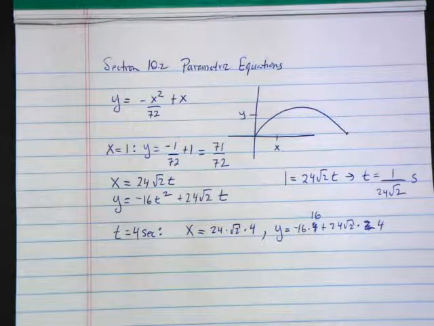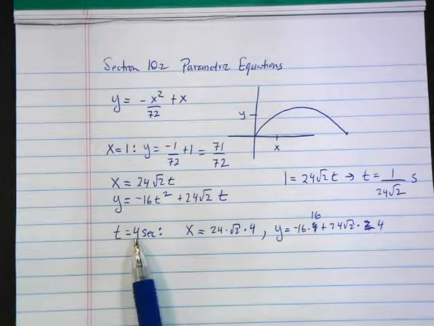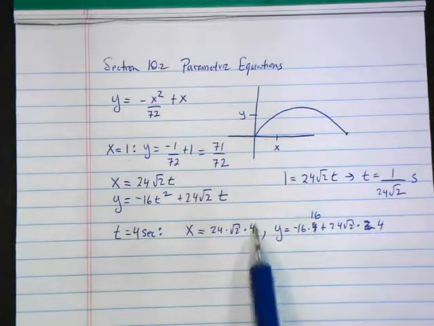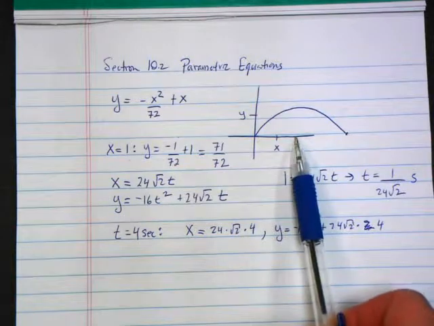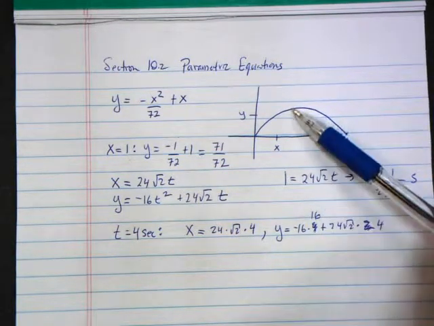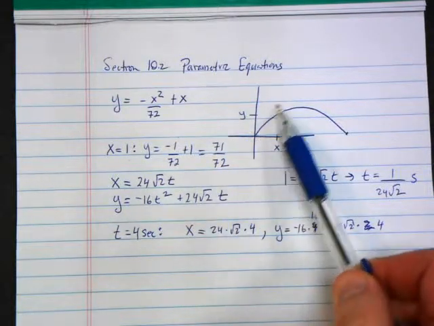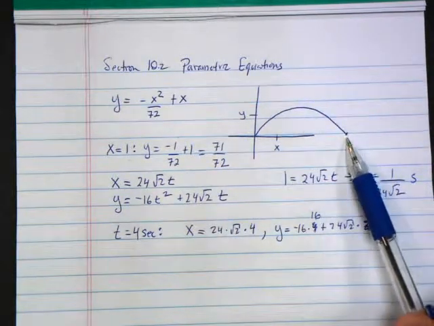From that, could you get how far it traveled? What do you mean, how far it traveled? Well, this would tell me at 4 seconds it's this far downrange, and it's that high up in the air. So what you're asking maybe is, could I find when it is going to hit the ground?